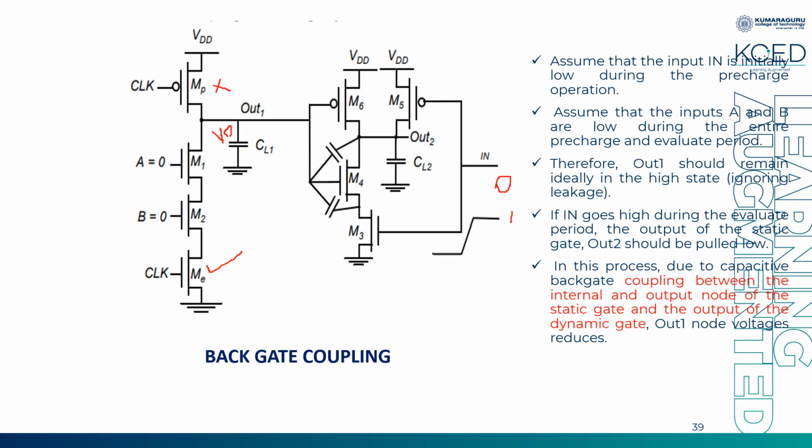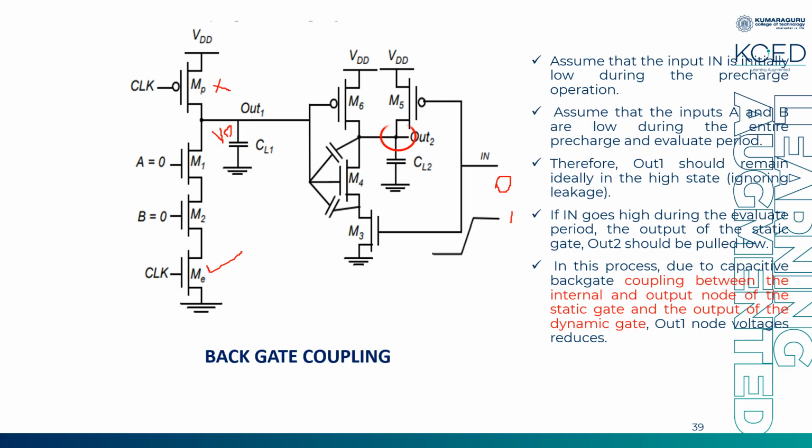So what will happen? If it is 1, PMOS has to be in off condition and out 2 has to be low, because if PMOS is off, then the NMOS will be on here. All the voltages will be draining to ground via M4 and M3. Here out 2 will be pulled towards low. Meanwhile, out 1 also will be pulled to low.